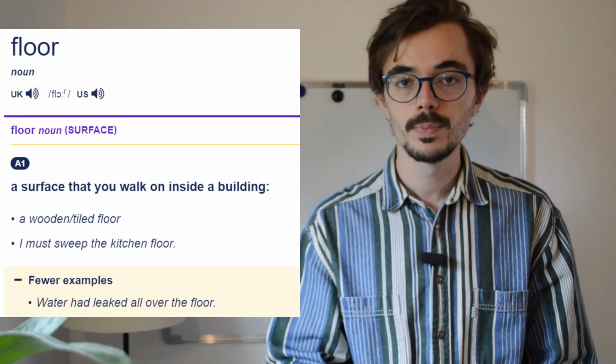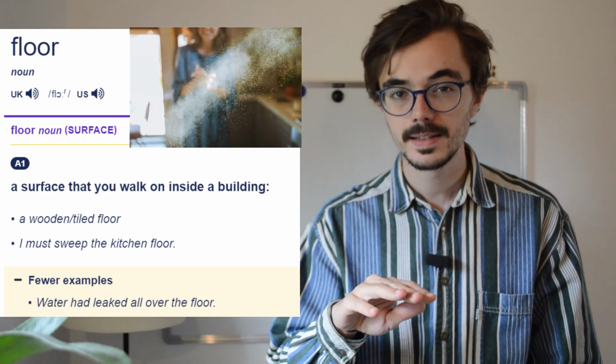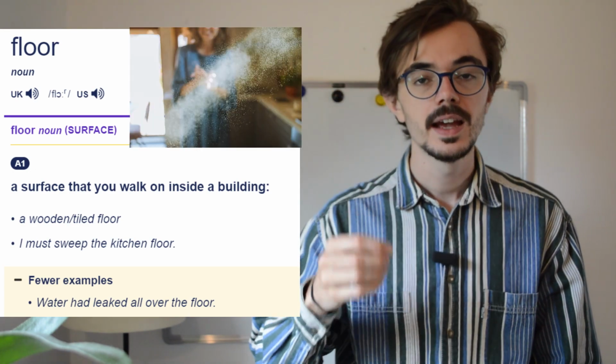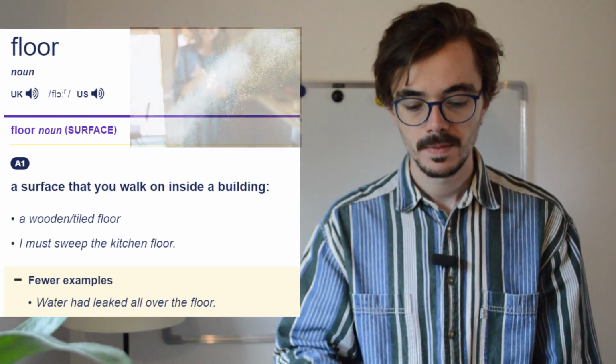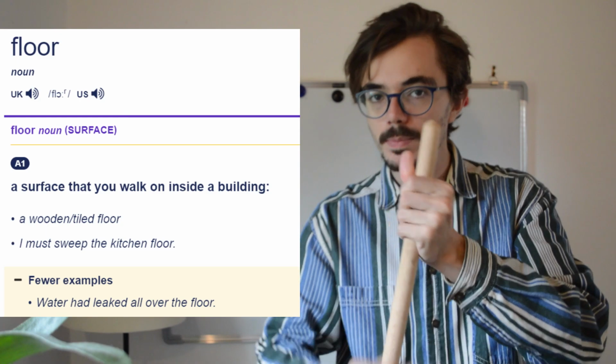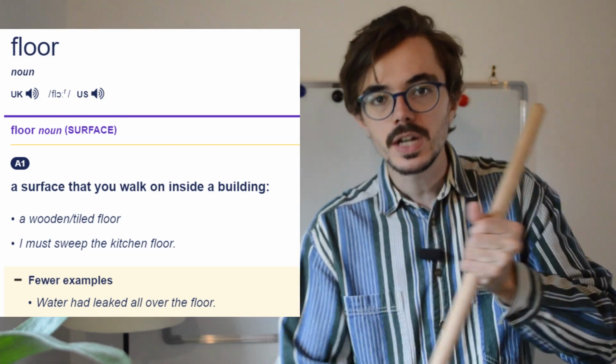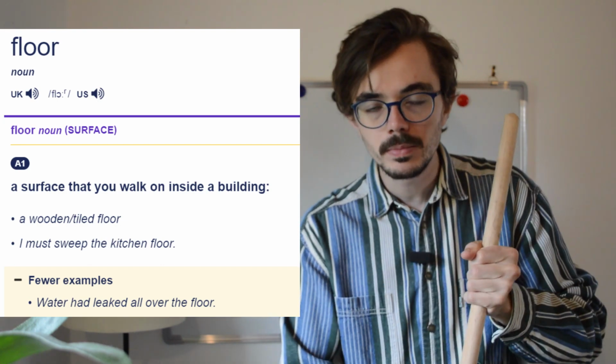Now, to sweep the floor means to remove all of the dust, all of the hairs, and also all of the crumbs. We can use a brush to sweep the floor. So I sweep away the dust, the hairs, and the crumbs on the floor.